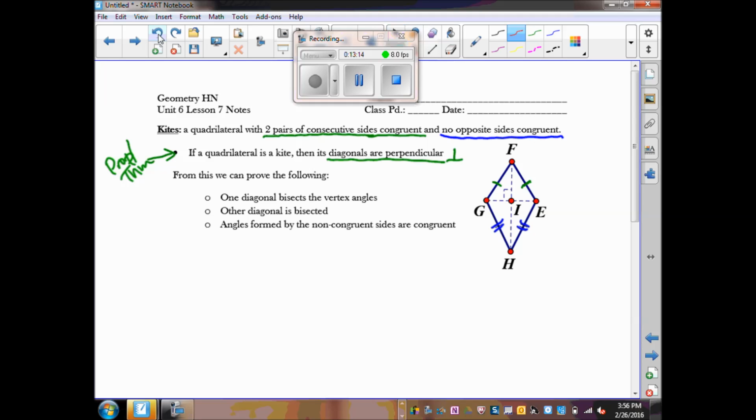That means we have angle GFI is congruent to IFE. Let's go ahead and write it down. Angle GFI is congruent to angle EFI.